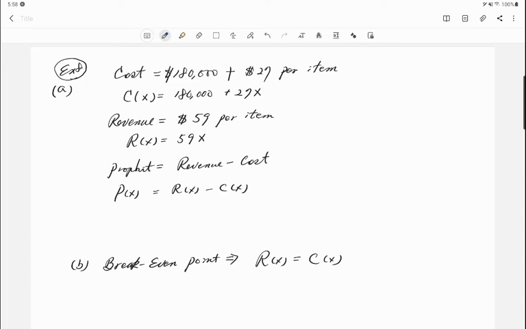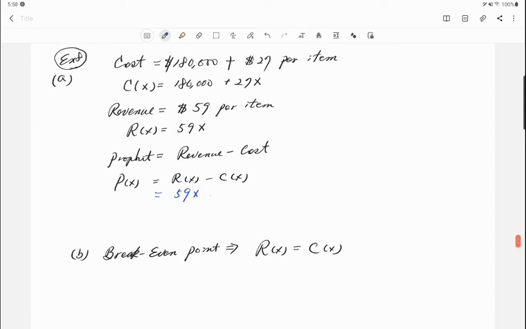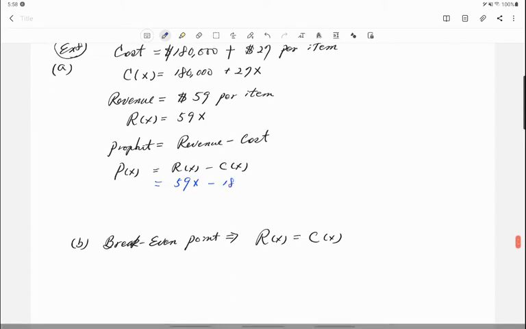When you sell a calculator, then the price will be $59 per calculator. So if you sell x number of calculators, then the total revenue will be 59 times x, right? Then what's the profit? The profit is revenue minus the cost. Revenue is 59x, minus the cost, which is 180,000 plus 27x.